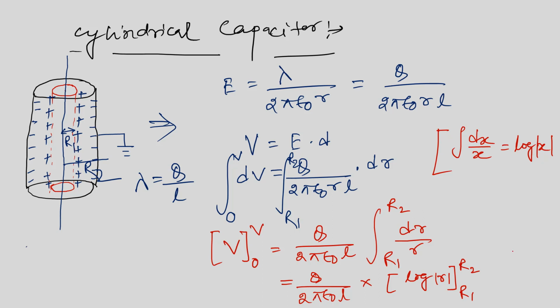So now we are just going to substitute the upper limit at first, then we'll substitute the lower limit. On the left-hand side, if I substitute the upper limit, I will get the potential as V, right? Now I'm just moving to the next page.